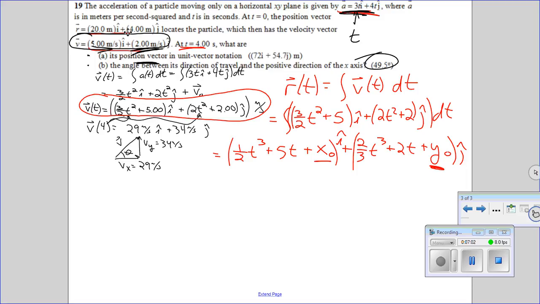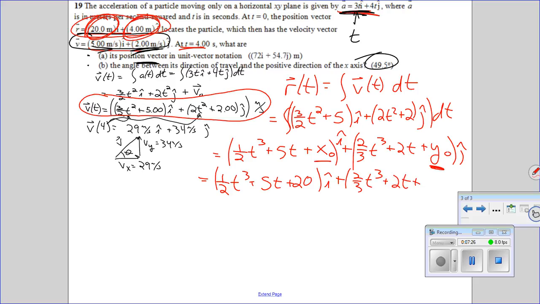Now I know what x naught is, right? x naught is 20, and y naught is 4. So this is 1/2 t cubed plus 5t plus 20 in the i direction, and then 2/3 t cubed plus 2t plus 4 in the j direction.